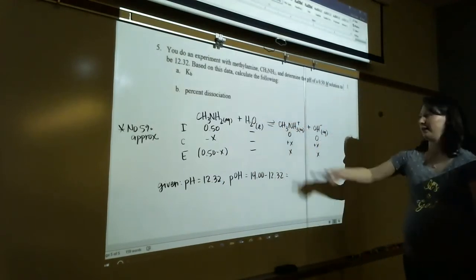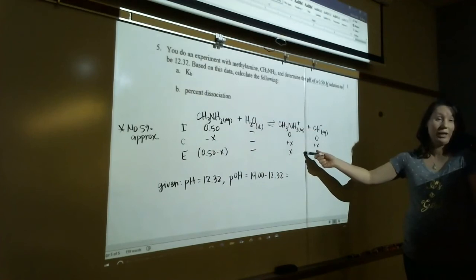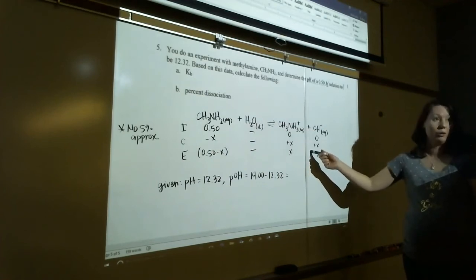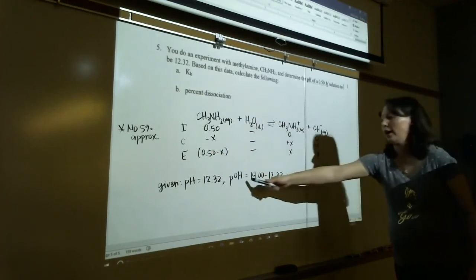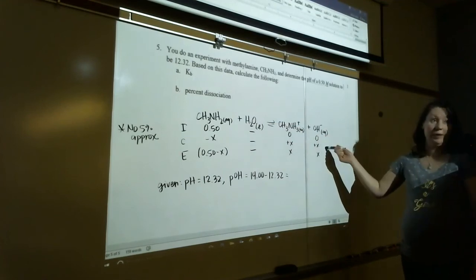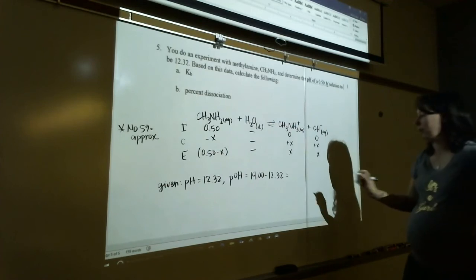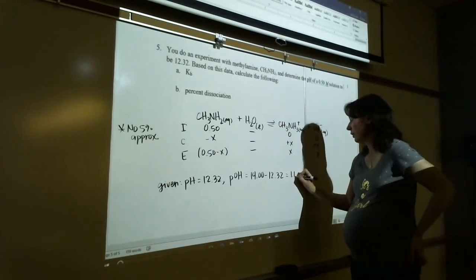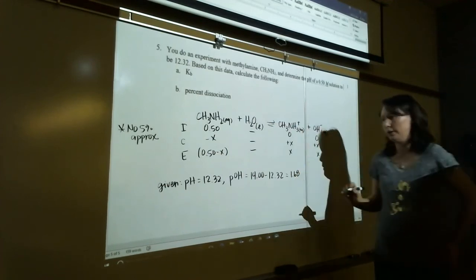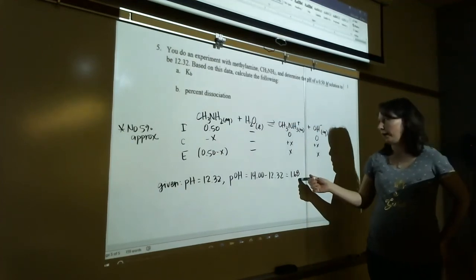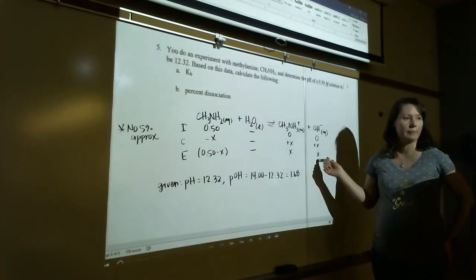Because pH isn't going to help me here, because that's dealing with H3O+, and there's no H3O+ here to work with. But hydroxide ion is part of this ice table, and that's something that I can use beneficially, right? So 1.68 is the pOH.